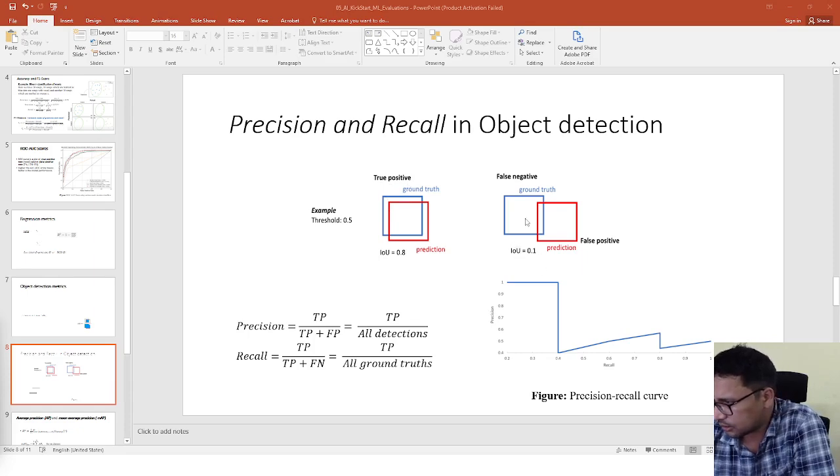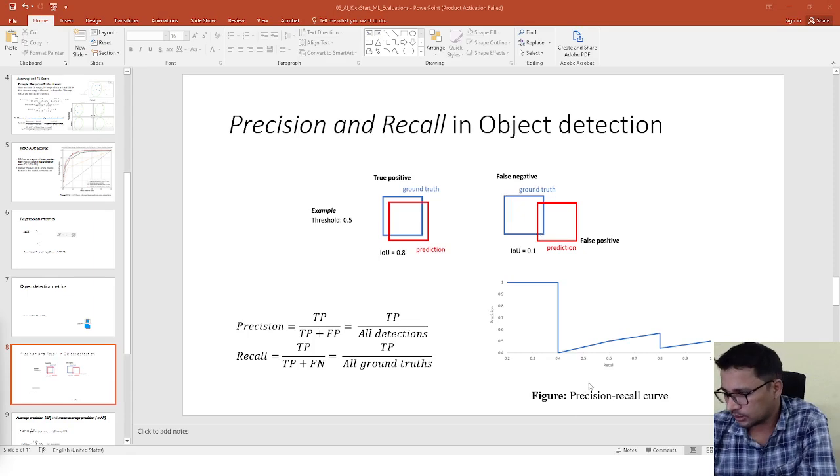For another detection, the IOU is equal to 0.1 and the threshold is 0.5, that's why we denote this detection as a false negative.